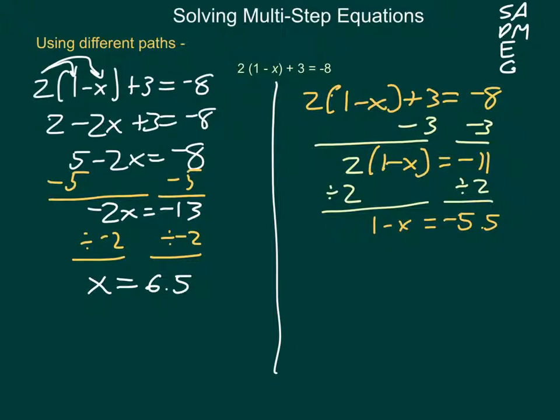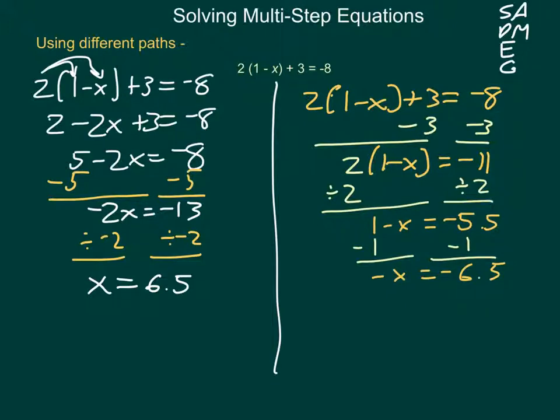Now that I've taken care of things outside of the group, I'm going to go through and break the group itself apart. So, inside of the group, do I have any subtraction or addition? Yes, I have this positive 1 sitting out here, so I'm going to subtract 1 from each side. This tells me that a negative x is equal to a negative 6 and 5/10.